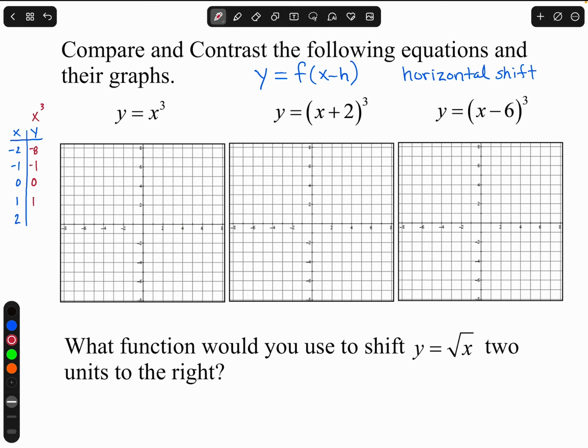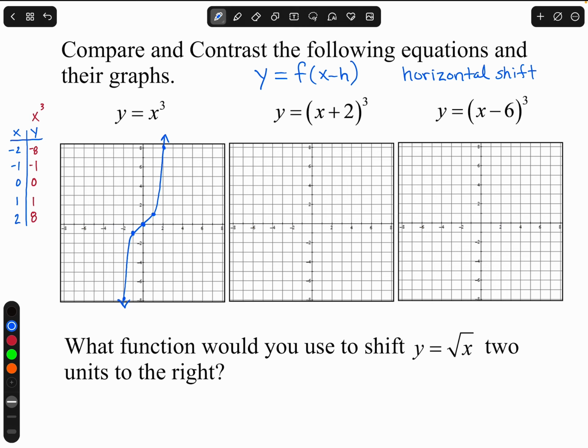We'd have a 0, a +1, and a +8. And we'll plot those on our coordinate plane. So -2, -8, -1, -1, 0, 0, 1, 1, and 2, 8. Connect those, make our cubic function.